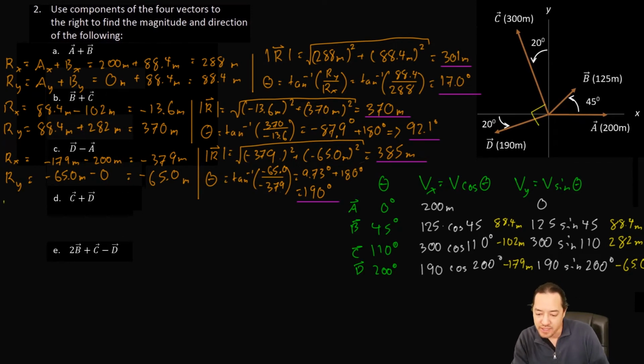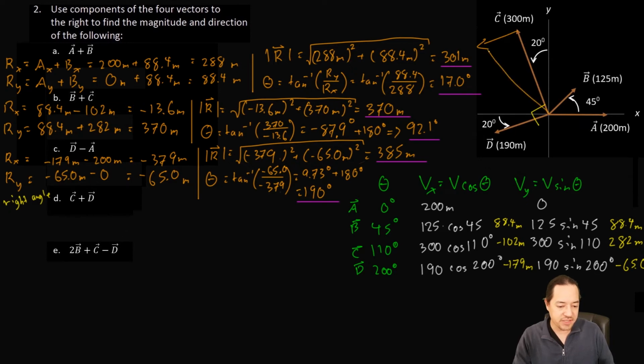So if we recognize that we have a right angle here, we can solve this problem in a slightly different way. You can imagine doing a vector addition of C plus D, using the head to tail method. Let me draw that a little bit straighter. You'll get something like that, and this will be our resultant vector here.